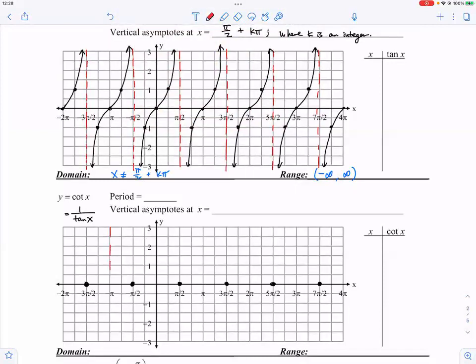So the x-intercepts for tangent x become vertical asymptotes for the cotangent x.